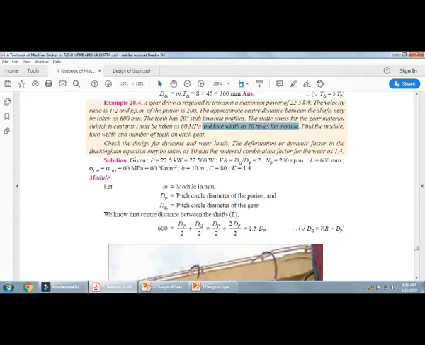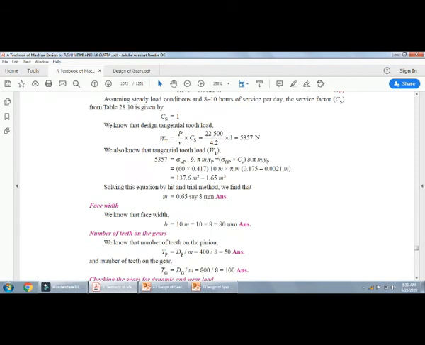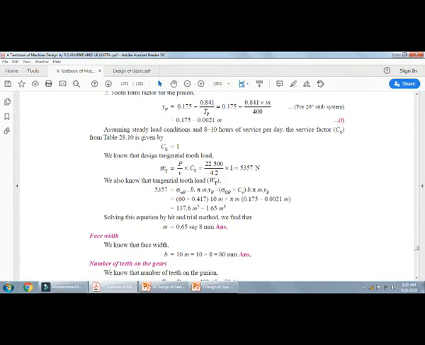Now we have to calculate the module, face width, and the number of teeth on each gear. First, for calculating the module m, we will proceed from the reverse direction here. The same procedure is going to calculate the module from the Lewis equation. So this Wt is by the Lewis equation, and for this one we need Wt.